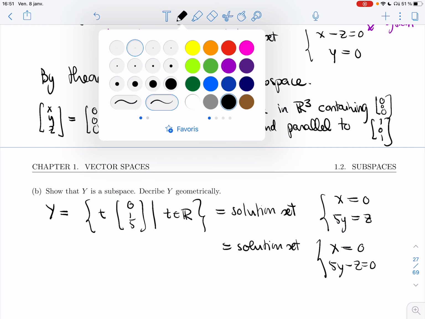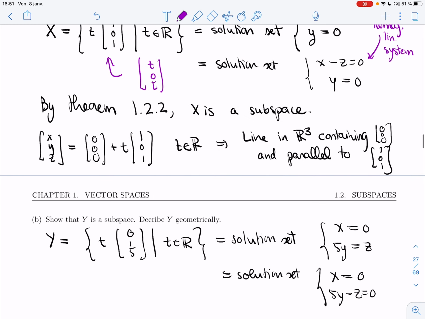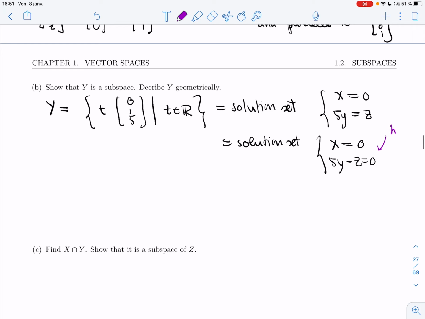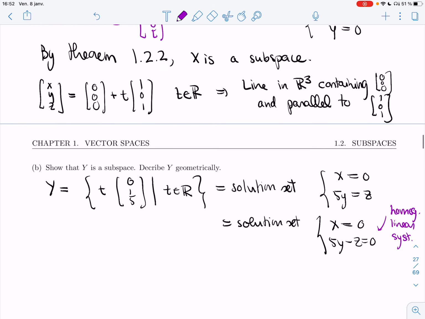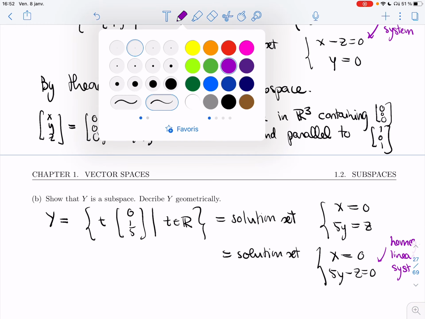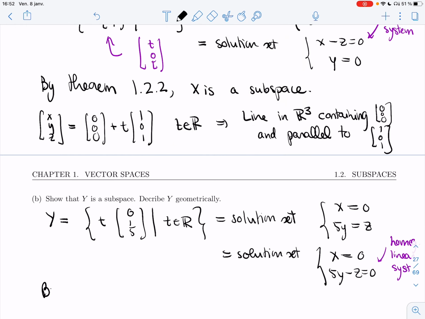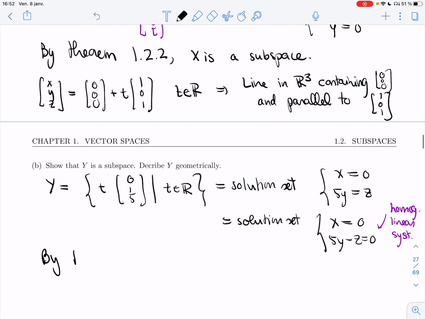This is a homogeneous linear system, and by theorem 1.2.2, y is a subspace.